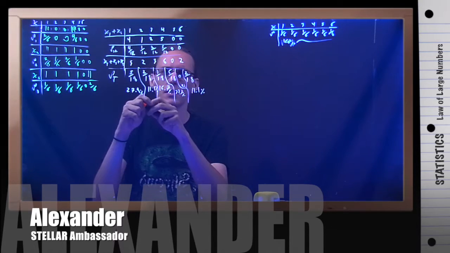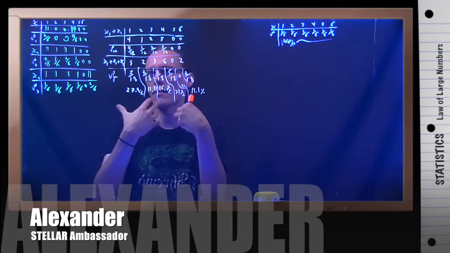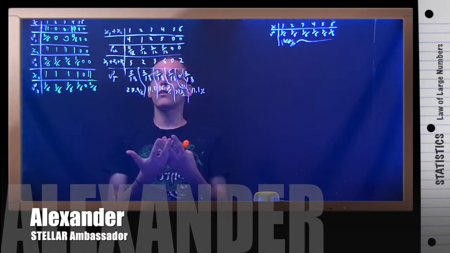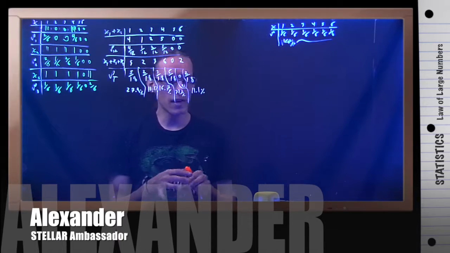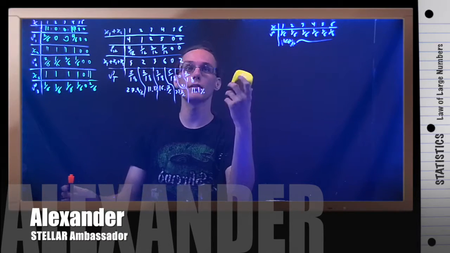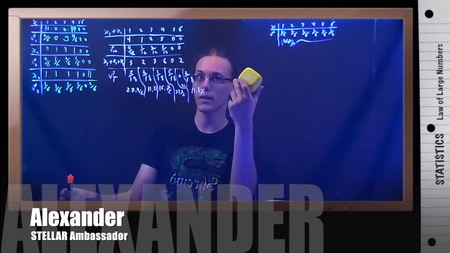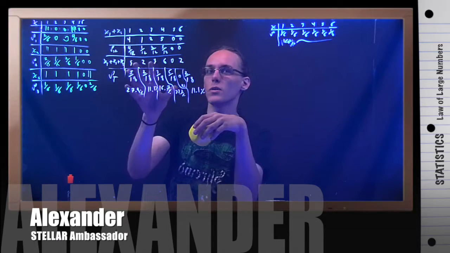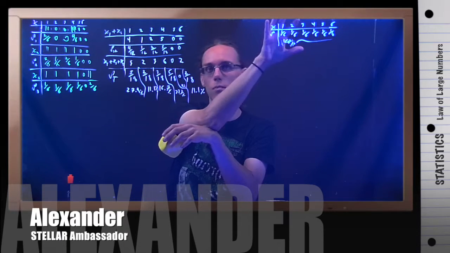And the thing to keep in mind is that even 18 rolls is not that many. It's not a lot of data to go off of. So there's something called the law of large numbers. What that says is if I kept rolling this die over and over again, in other words, the number of times I rolled it became large, then these would get even closer to this value of 16.7%.